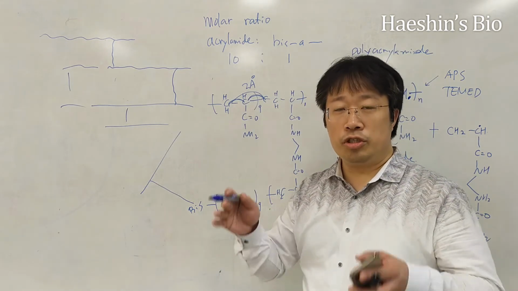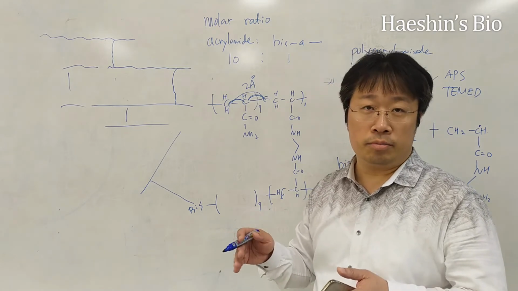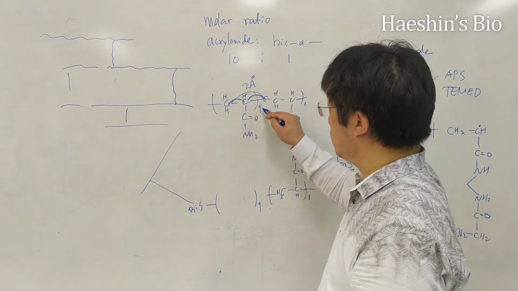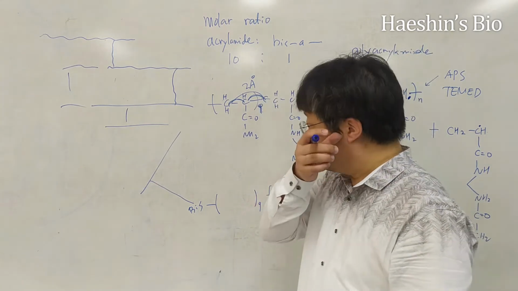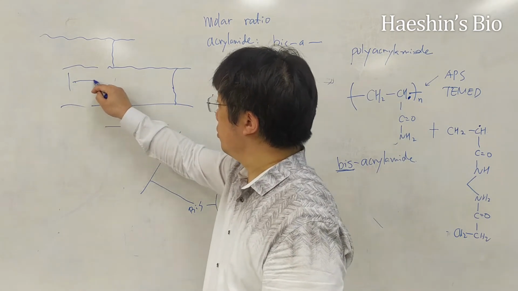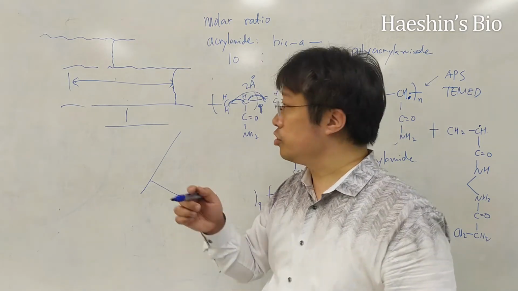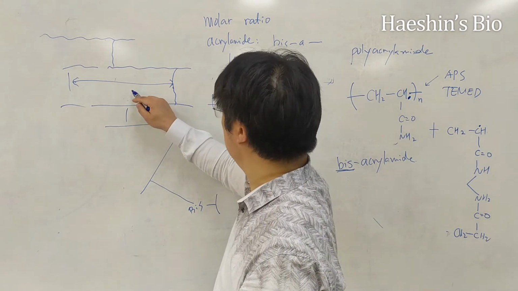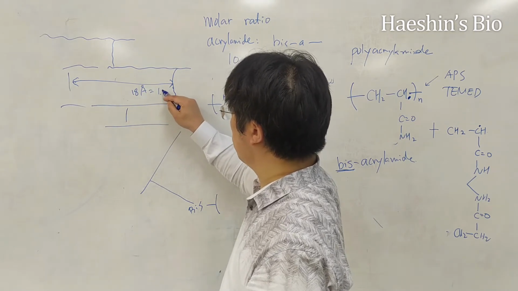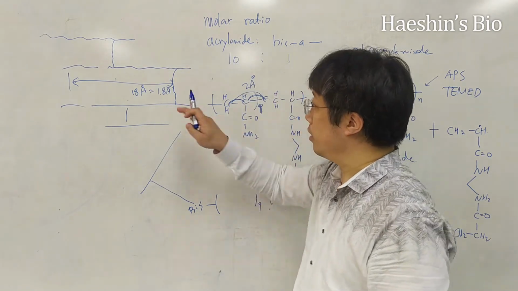Then each unit of this acrylamide monomer is probably 2 angstrom, times 9 units, so this bridge to bridge length on average is probably 18 angstrom, which is 1.8 nanometers.